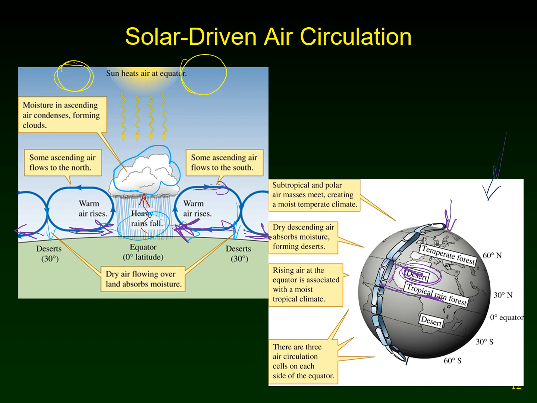A Hadley cell dropping dry air around 30 degrees south, and that is the Kalahari Desert in the southern tip of Africa. We get another cell next to that further south, and then a third cell that is all the way dropping dry air onto the South Pole in addition.